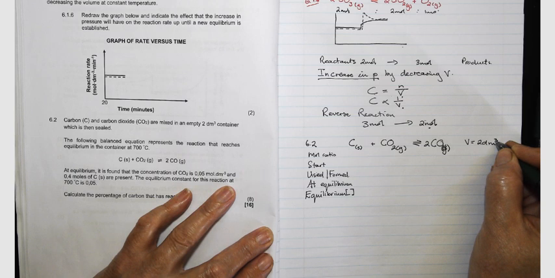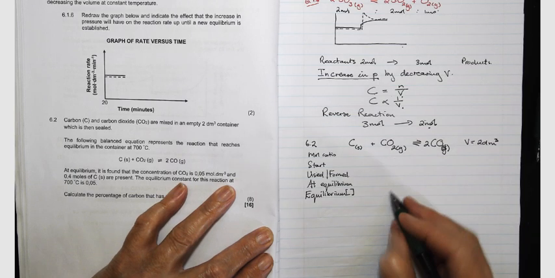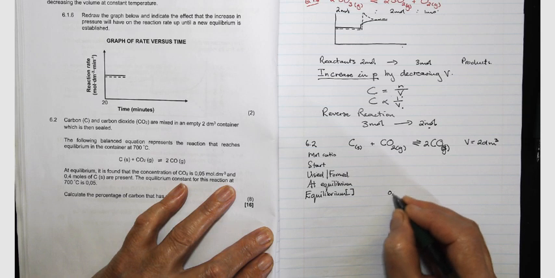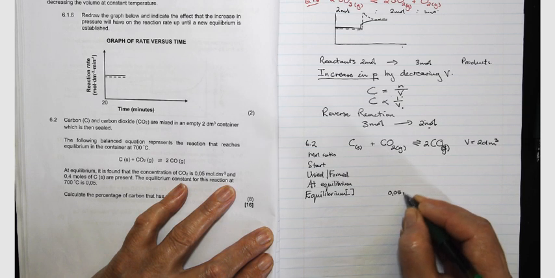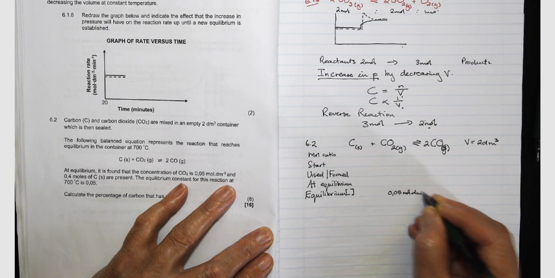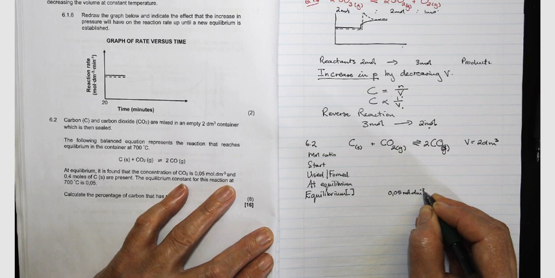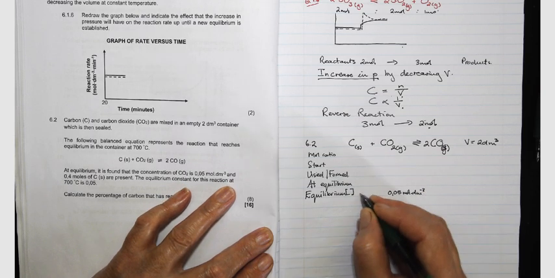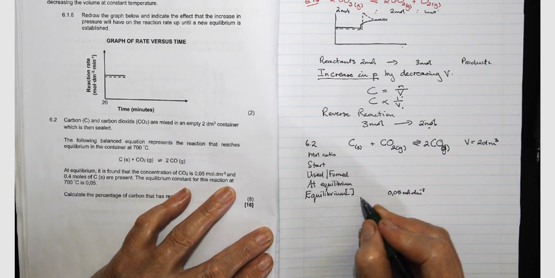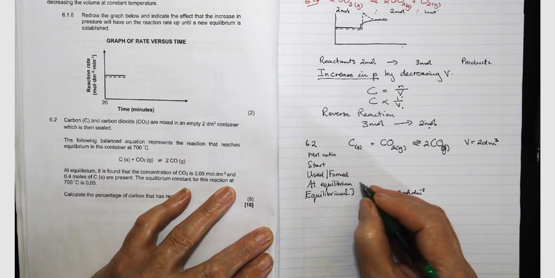At equilibrium, it is found that the concentration of carbon dioxide is 0.05 mole per cubic decimeter, and 0.4 moles of carbon solid is at equilibrium.